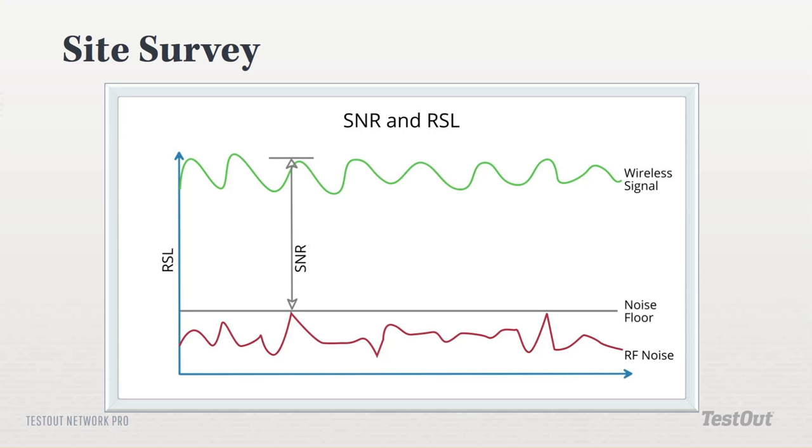The RSL measures the level of the wireless network signal, and the SNR compares it to the level of background noise in decibels. Any SNR higher than 1-to-1 indicates more signal than noise, and that's really what you want. The farther away you get from the transmitter, the lower the SNR. As soon as it falls below the noise floor, you're going to lose connectivity.